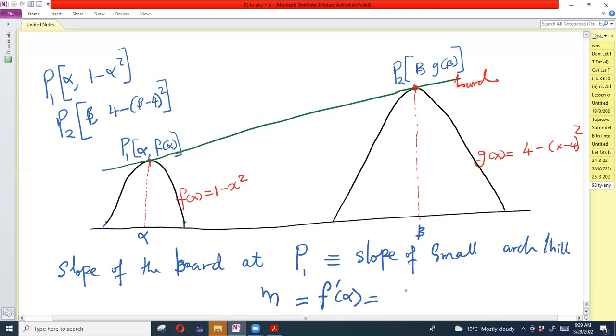When you differentiate this function, you get negative 2x, so it will be negative 2 alpha.